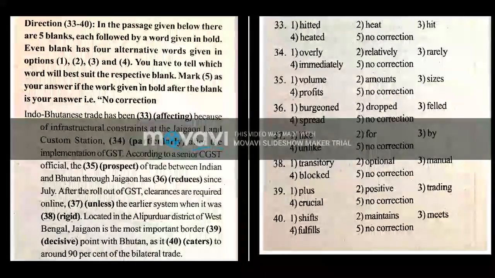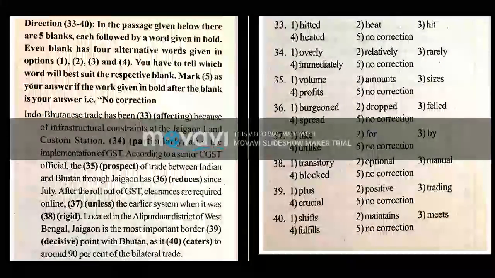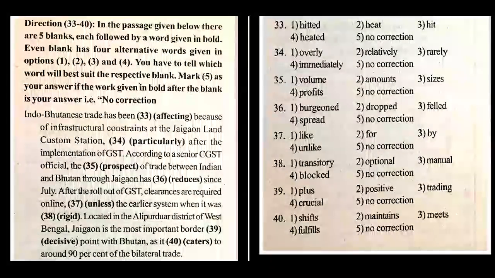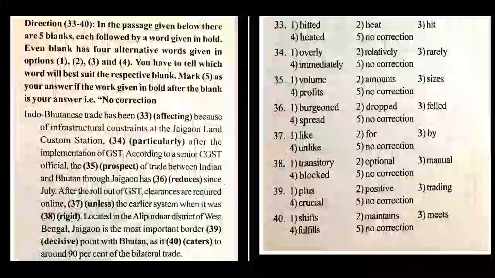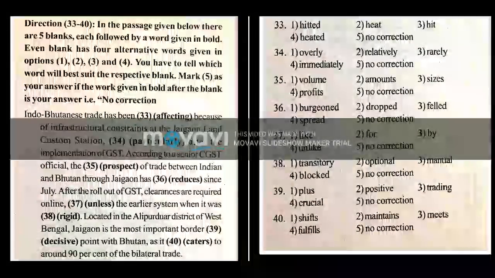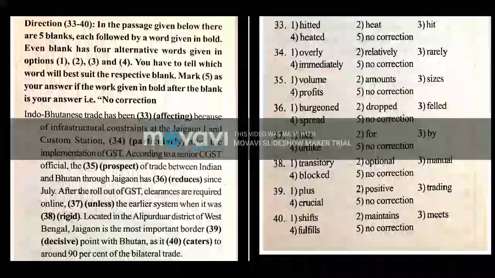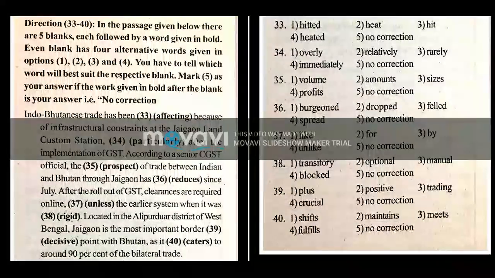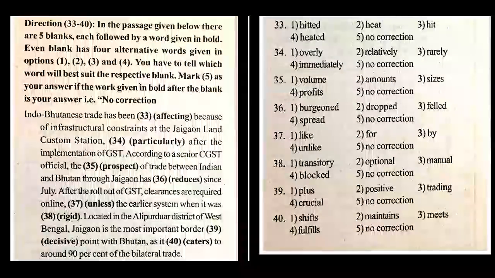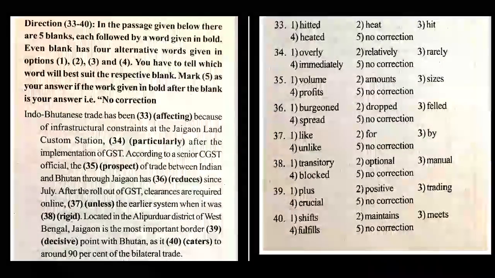And hence, a word which should come in the last blank should give you the meaning that it fulfills or meets or provides whatever is required. And now you can see the words mentioned in the other options. That is, shifts. Shifts does not mean to fulfill.